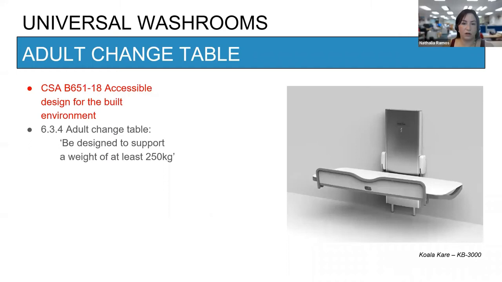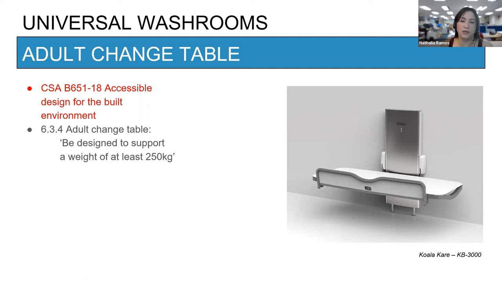What I would like to call your attention to is, in case you are designing a public project or a government project which is based on the CSA B651-18, if you have come across this before, the requirement for the auto change table is a little bit different from the OBC.